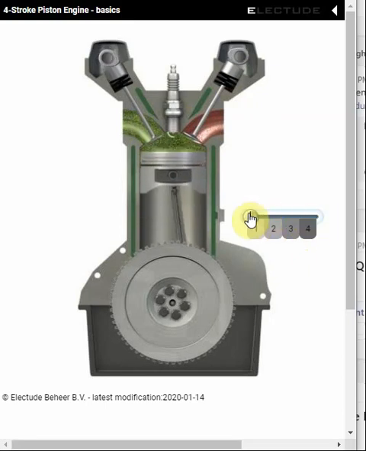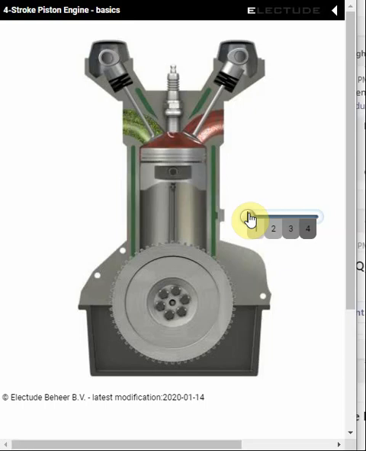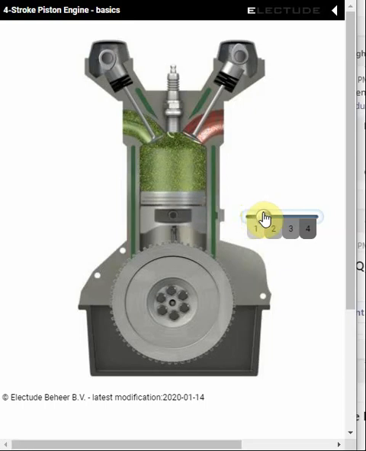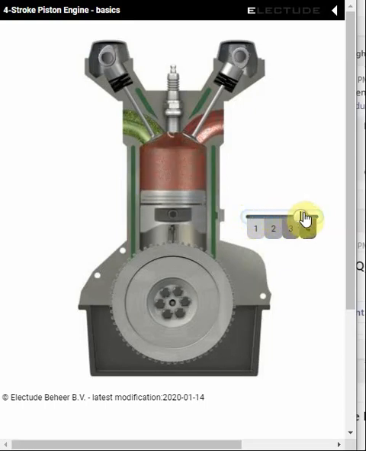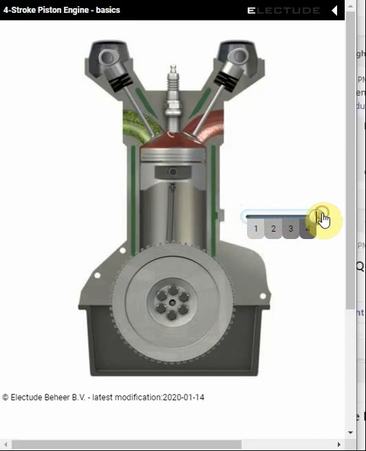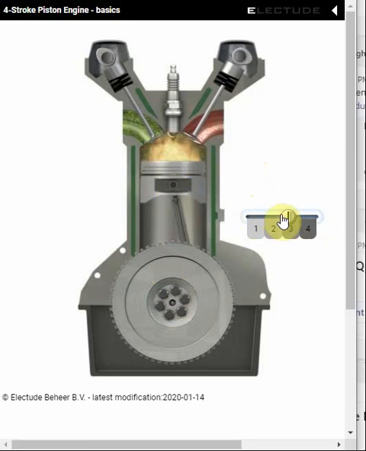Okay, so again, stroke 1, intake, compression, power, exhaust. That will be 2 full revolutions of the crankshaft, which is 720 degrees of rotation.